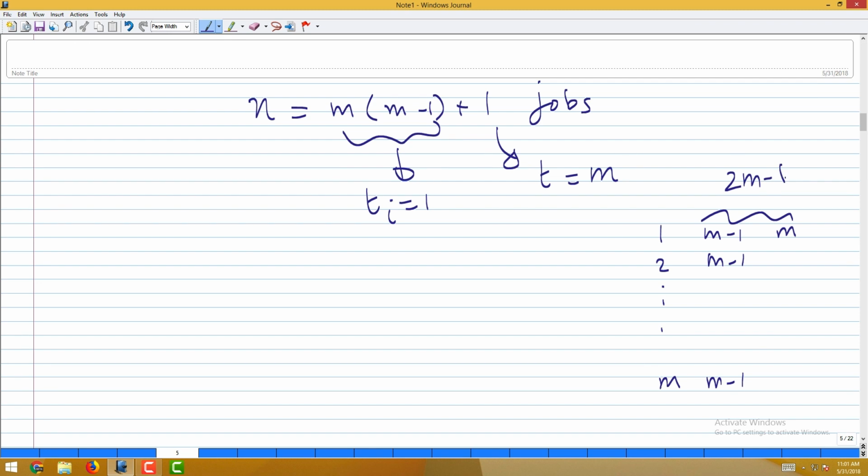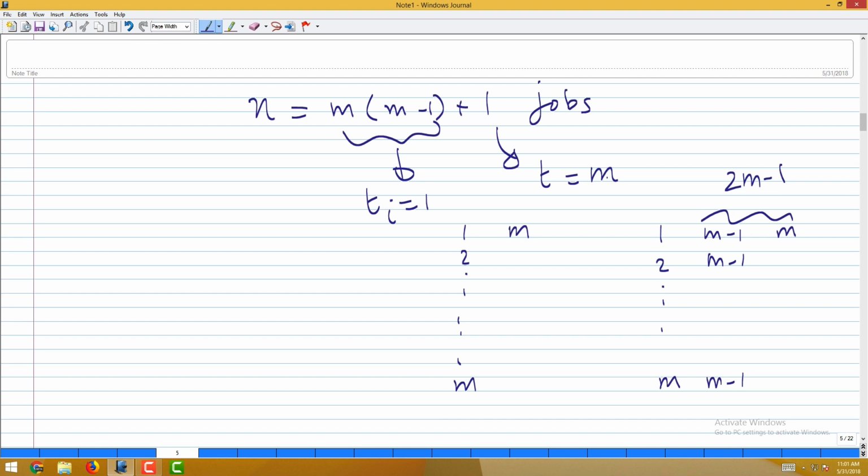But what would be an optimal way to do it? Get the bigger job first. Let us say I do the following: I take the job which takes the most time, m units, and put it on one machine. This is not greedy, because greedy won't do it.